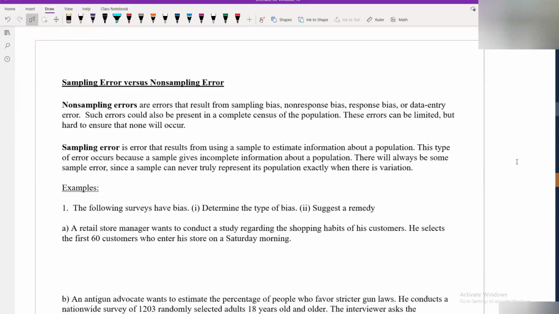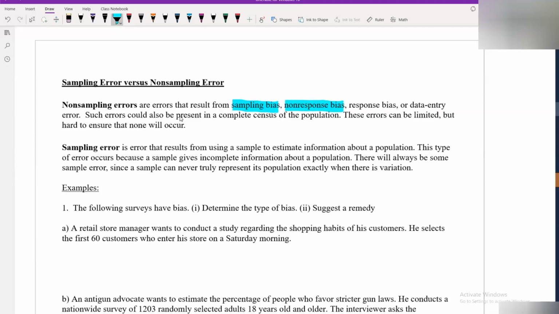Next page is sampling error versus non-sampling error. Non-sampling errors are errors that result from sampling bias, non-response bias, response bias, or data entry error.